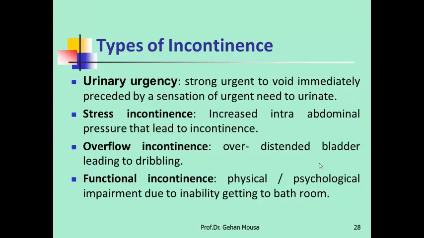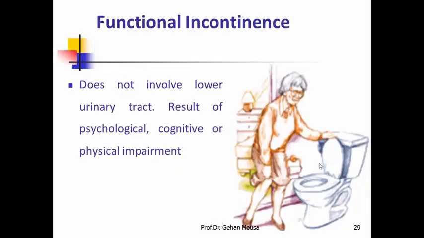Overflow incontinence: over-distended bladder with dyssynergy, lack of coordination between bladder contraction and relaxation of the sphincteric muscle. Functional incontinence may result from inability to get to the bathroom due to physical impairment or as a result of cognitive affection following the CNS disturbance.